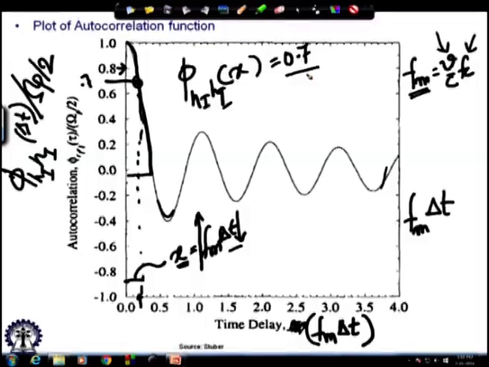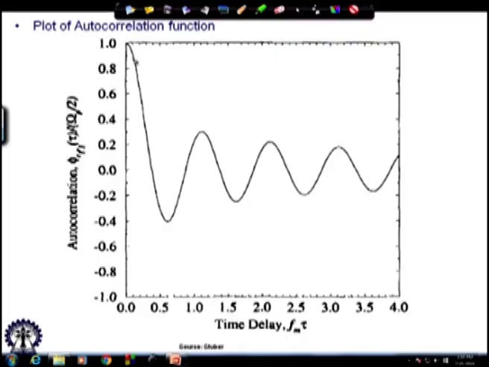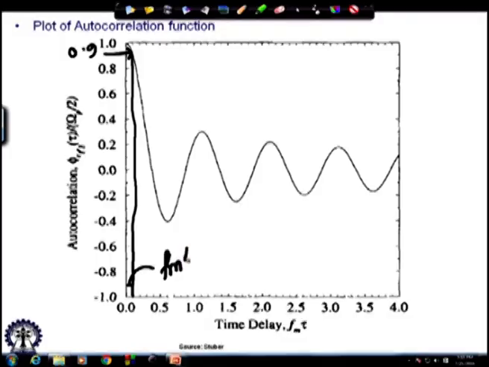So what does it mean? This effectively means that as we increase our velocity, the time over which the channel is correlated to itself is becoming less. If we read this curve in another way, let us say this point is 0.9, and we start going down this line, so this much duration of f_m delta t corresponds to that argument which would lead to 0.9 correlation.